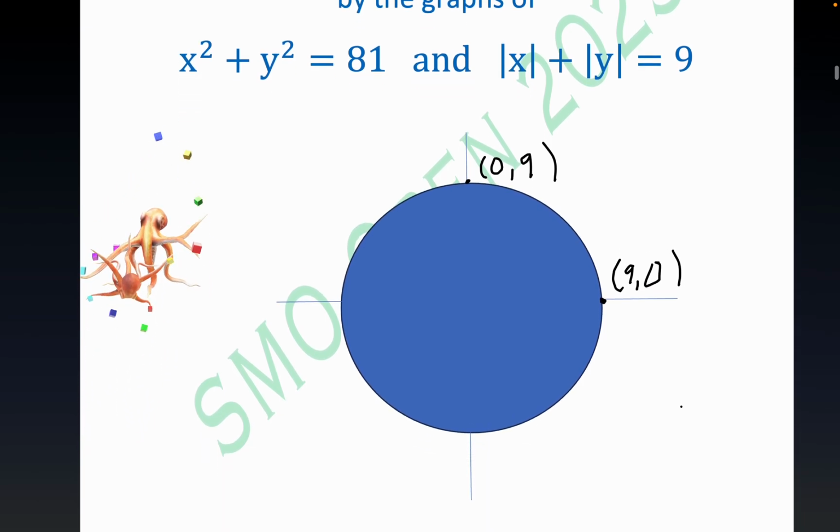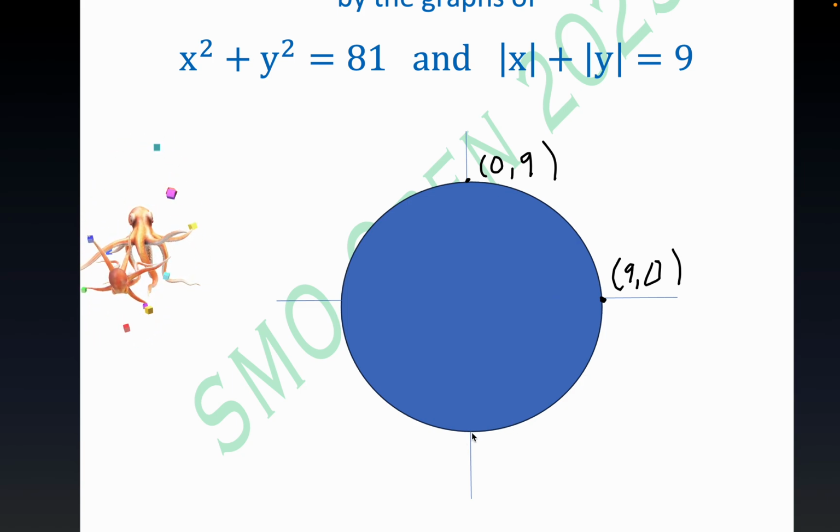And then down here, 0, -9. Again, these are xy coordinates that satisfy the equation of the circle. And then this would be -9, 0 over here.